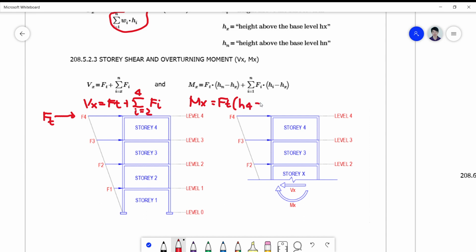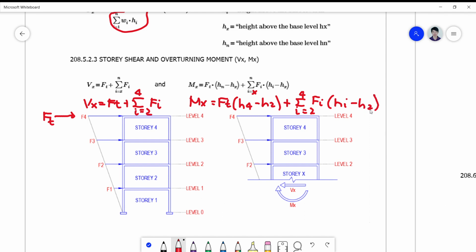H4 minus H2, plus summation of i equals, sorry, this must also be X because we are referring to X. So this is now i equals 2 to 4 of Fi times (Hi minus H2).